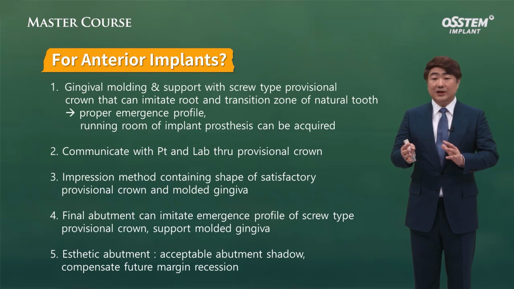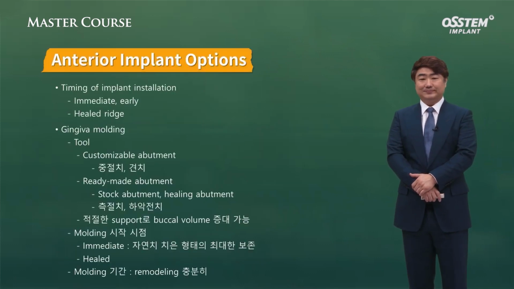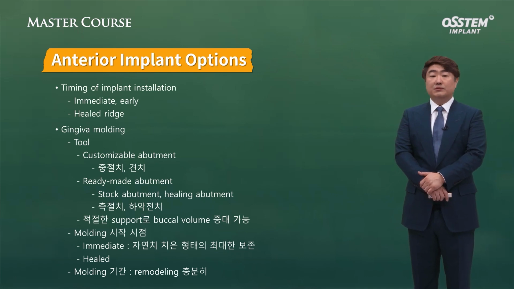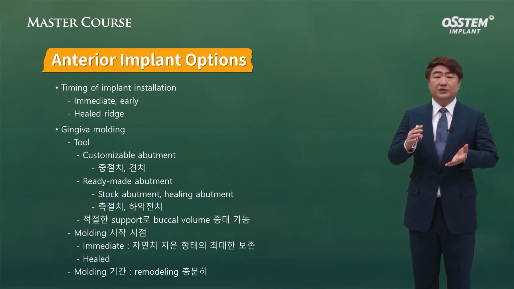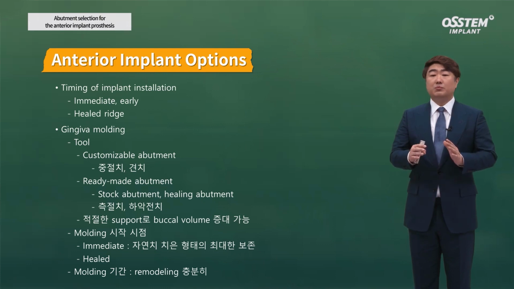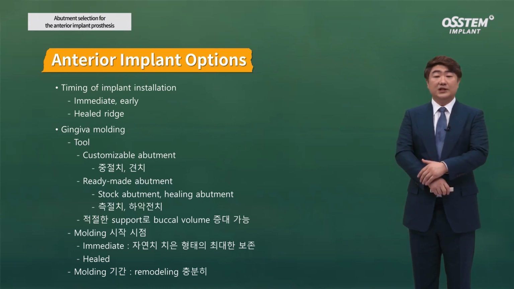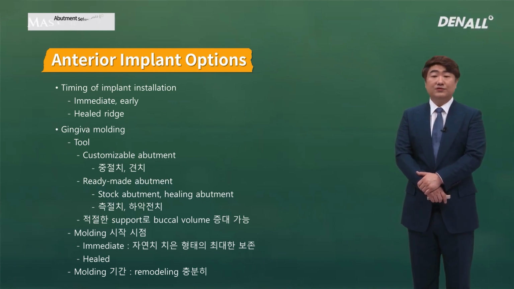So if you look at the overall process of the anterior implant, I also talked about aesthetic consideration to be made, and the timing of the implant installation, I said immediate or early is more favorable, and gingival molding, using a customizable abutment would be more favorable. For wider teeth, the central incisor, and for the canine, customized abutment or these tools should be used.